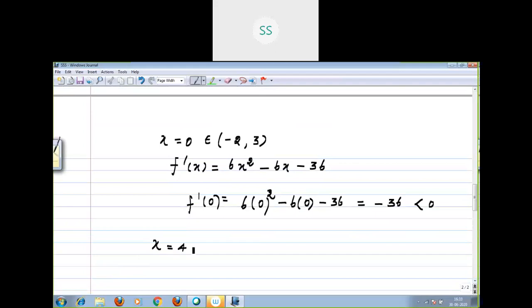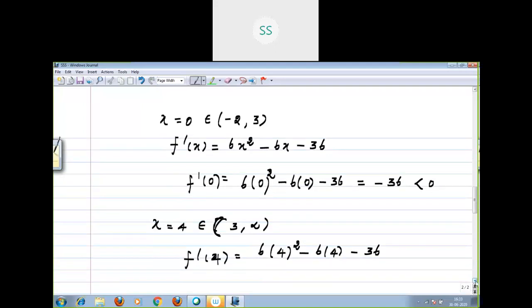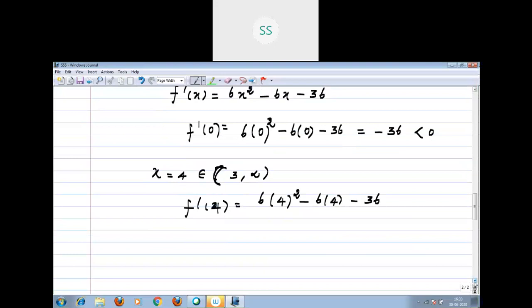If you want, you should check. x equal to 4 belongs to the open interval 3 comma infinity. f dash of 4 equal to 6 into 4 square minus 6 into 4 minus 36. 16 sixes are 96, minus 24, minus 36. 96 minus 60.